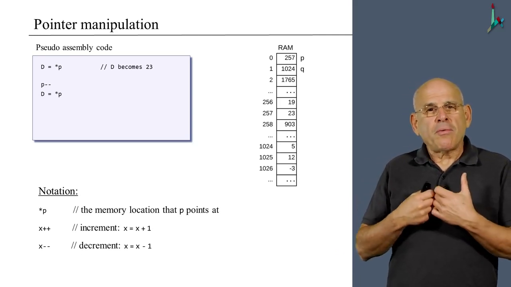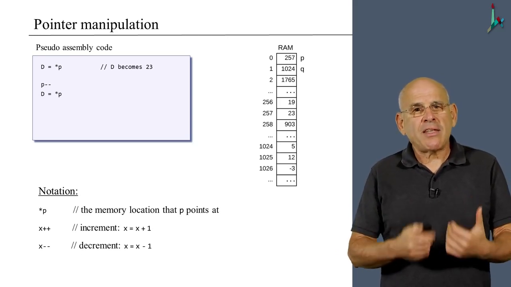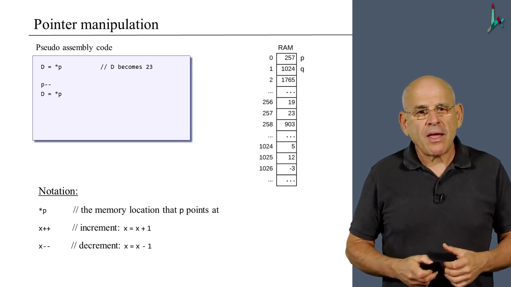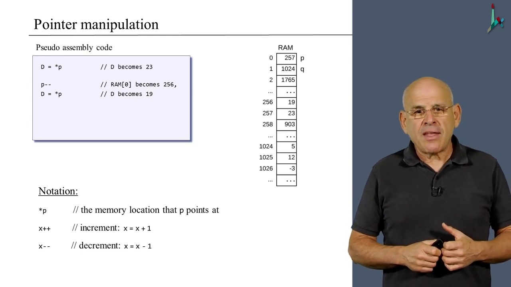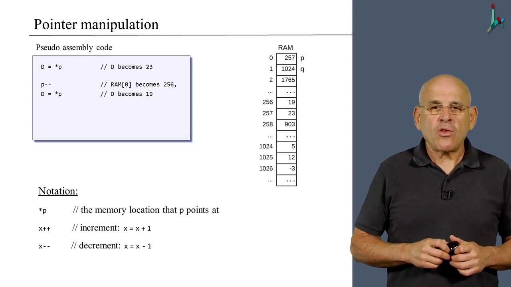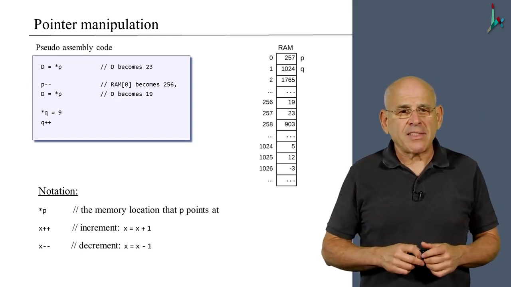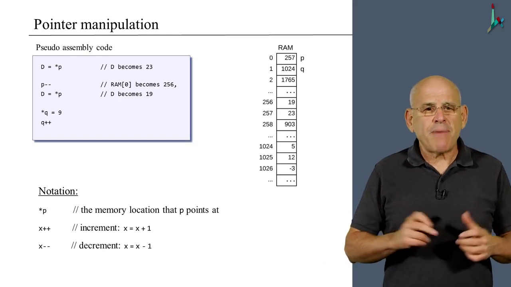And now P points at address 256. So if we say D equals *P, we'll get the value 19, which happens to be the contents of the RAM in 256.